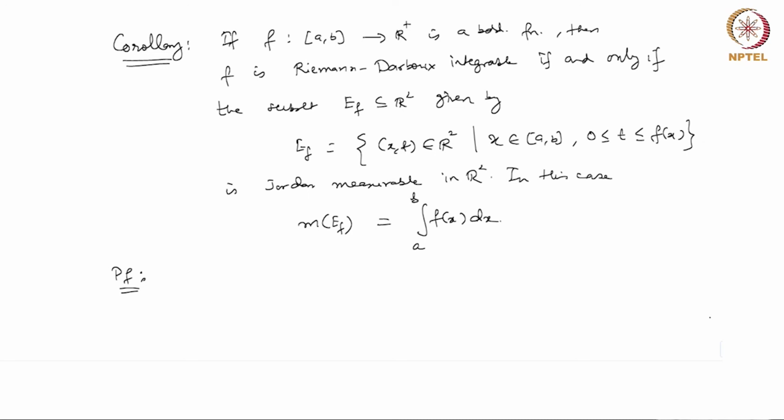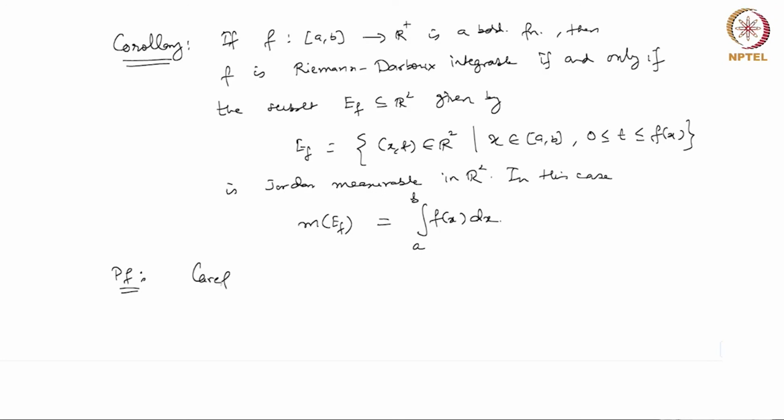I will leave the proof as an exercise because it is essentially a repetition of the proof that was given earlier for the last theorem, which stated that E is Jordan measurable if and only if the indicator function is Riemann-Darboux integrable.